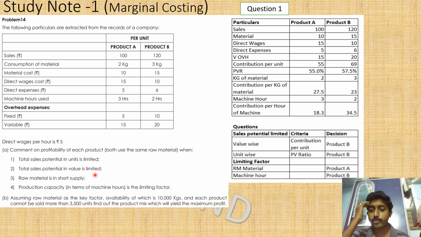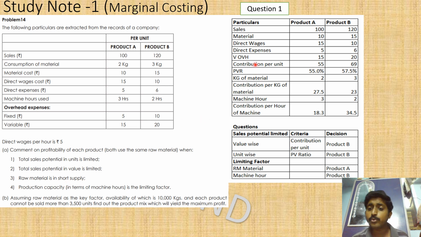That's the physical contribution. That will be the decision making factor to comment on the profitability, whether product A is profitable or product B is profitable. We have to do the decision making in this problem. There are 4 scenarios that are given. In these 4 scenarios, which is the best product, that is what our decision making is to be done here.